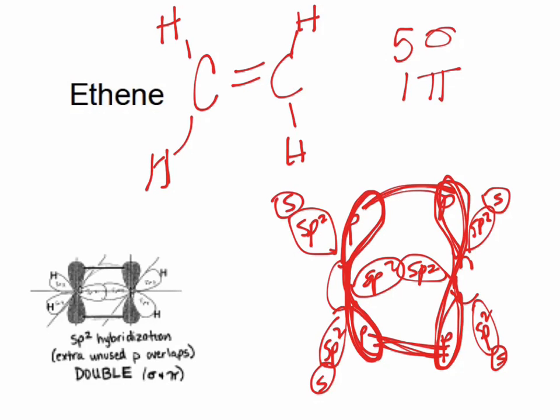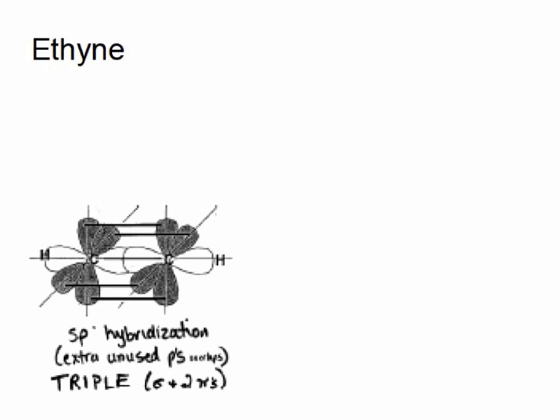All right, next is ethyne. So ethyne, what we do is remove 2 hydrogens, and we end up getting a triple bond between the C's. So we have C, triple bond, C, and then we have an H on either side.